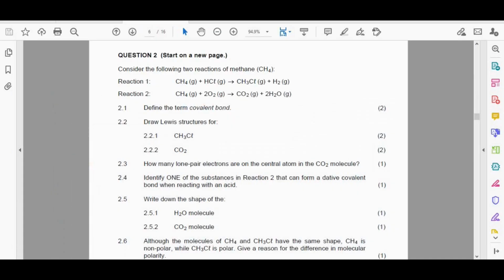2.4, identify one of the substances in reaction 2 that can form a dative covalent bond when reacting with an acid. HCl is hydrochloric acid. That's an acid. And they want to know a dative covalent bond with anything in reaction 2 that can form a dative covalent bond when reacted with an acid.